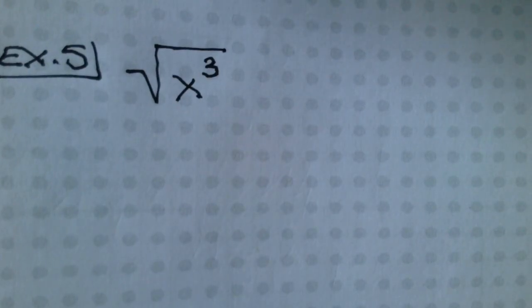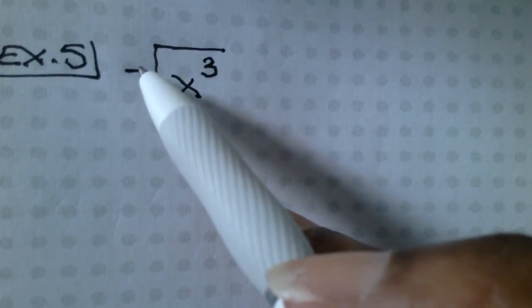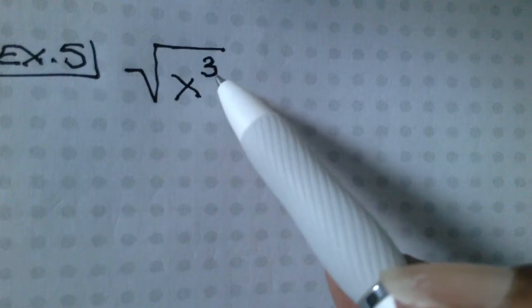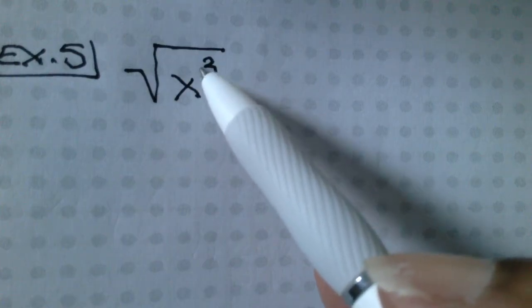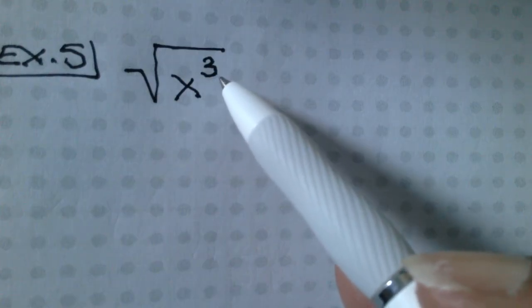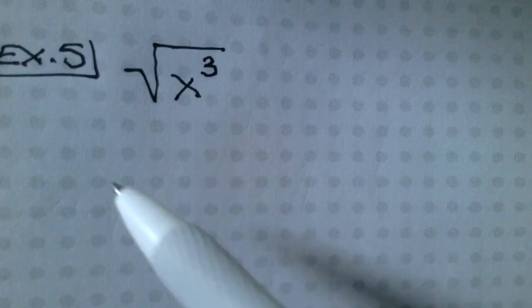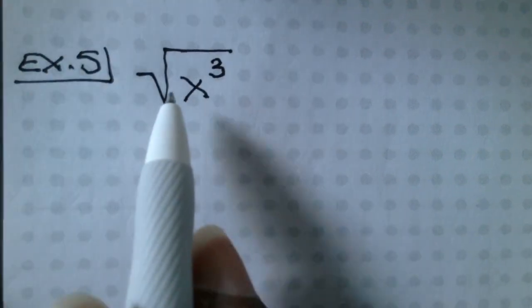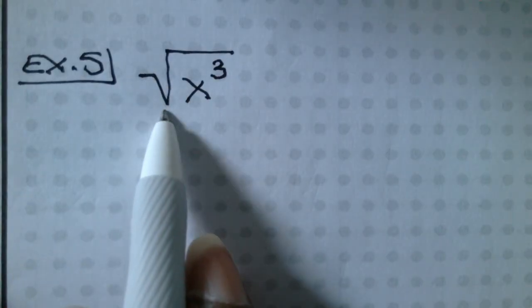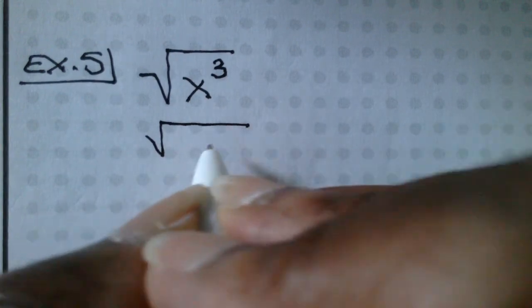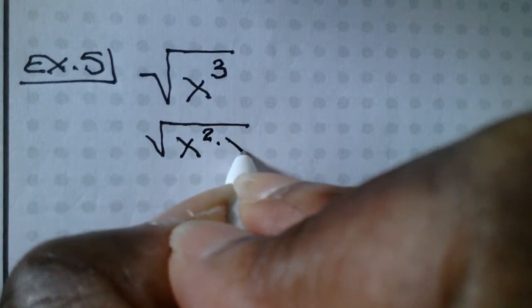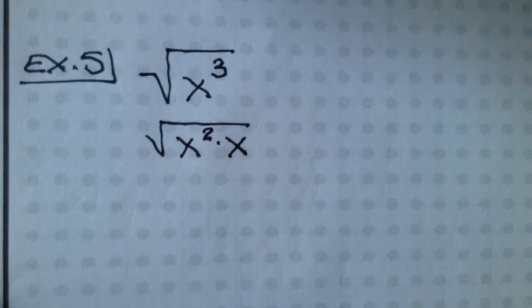If we're talking about square roots, think of it like this. Say you have 3 boxes or 3 items, and you can only ship them out when there are 2 items per box. Since the inverse of a square root is a square, we can break it down to x squared times x to the first power.